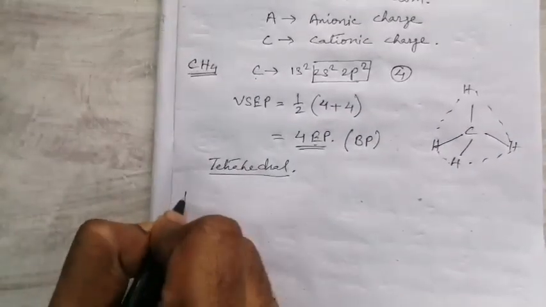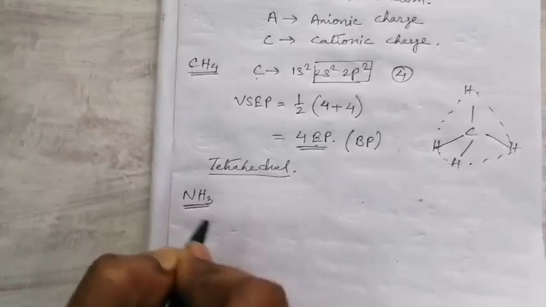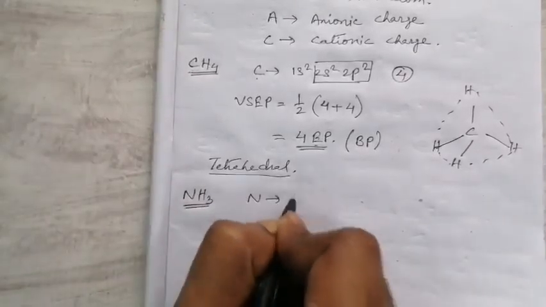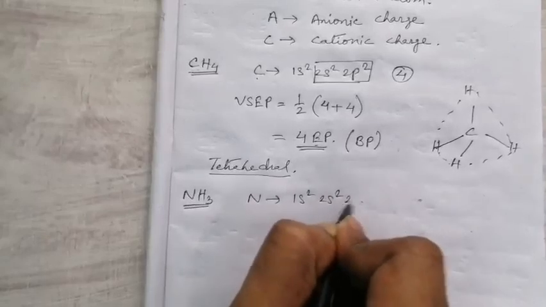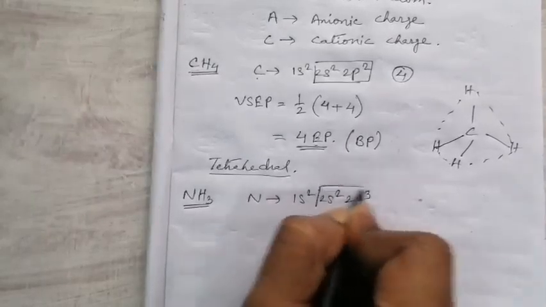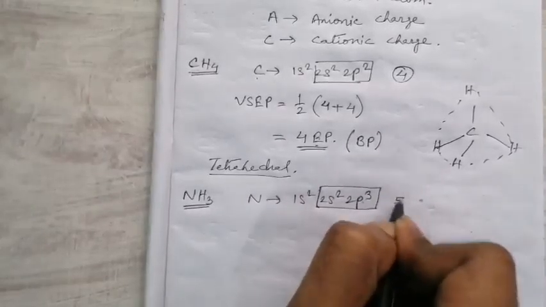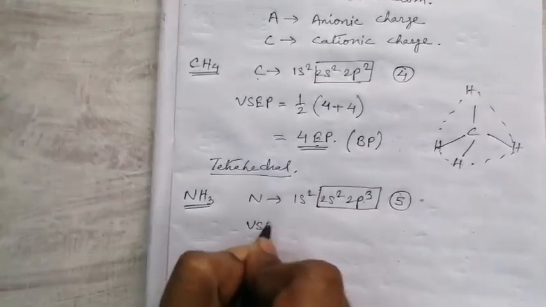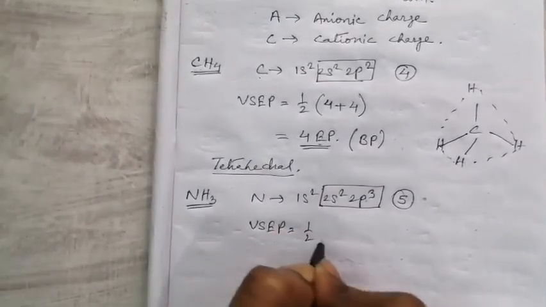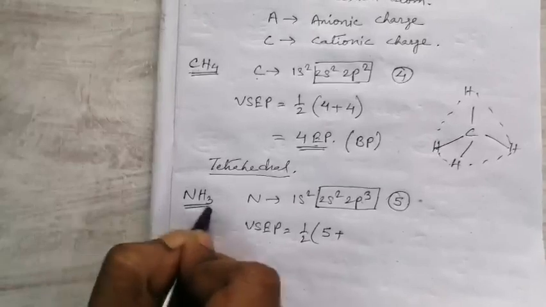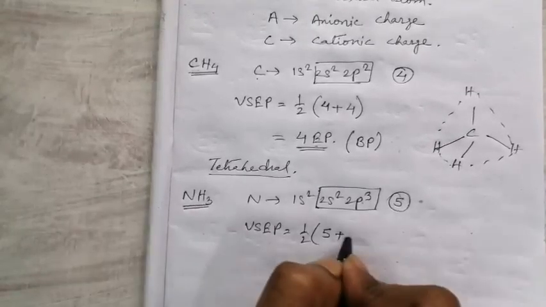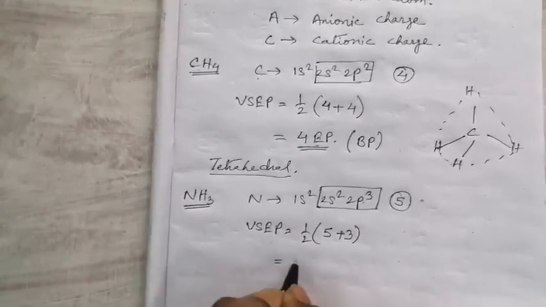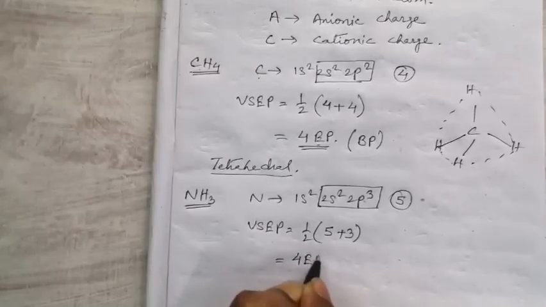Now come to the next molecule, NH3. Nitrogen, the electronic configuration 1s2, 2s2, 2p3. So how many electron in the valence shell? 5 electron. So calculate VSEP, half of 5. Nitrogen is bonded to how many hydrogen? 3 hydrogen. So it comes out to be 4 electron pair.